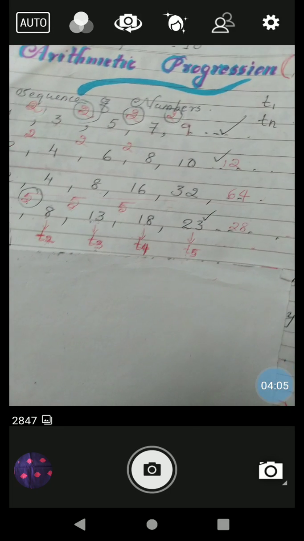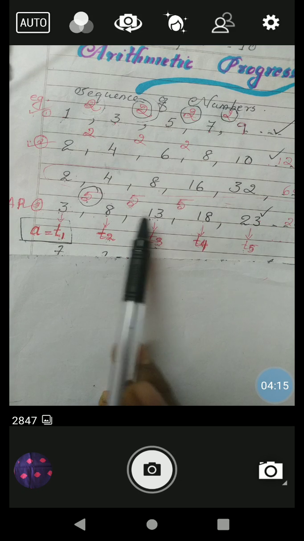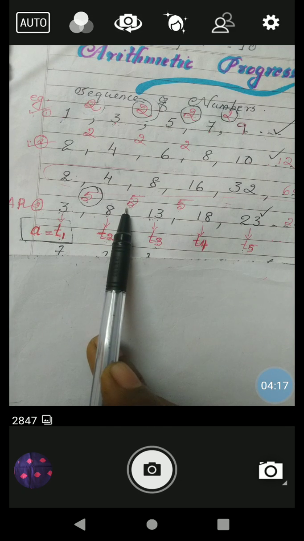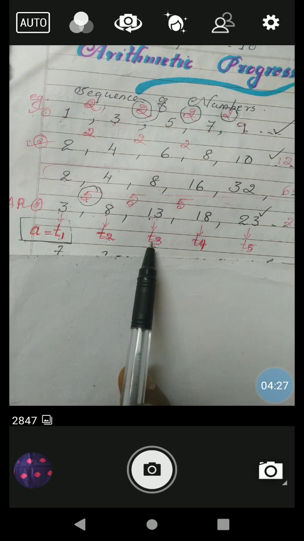And we know that T2 minus T1 or T3 minus T2, that is the difference between two consecutive terms, is called the common difference. And the letter we use is D. D is equal to T2 minus T1 or T3 minus T2 or T4 minus T3.